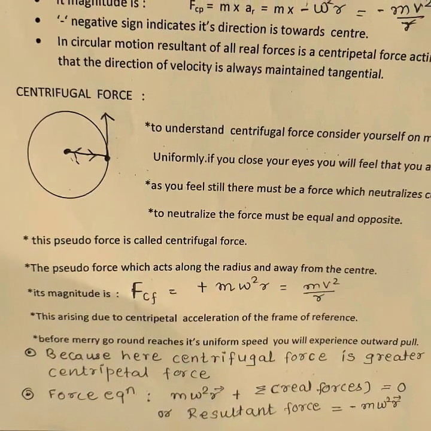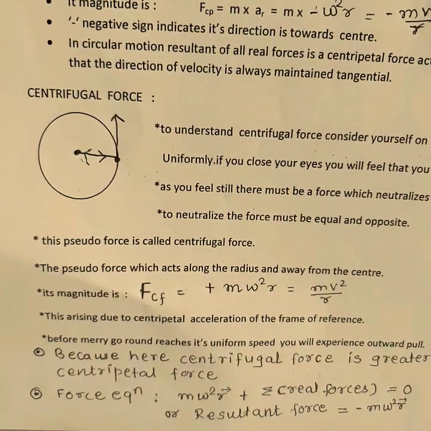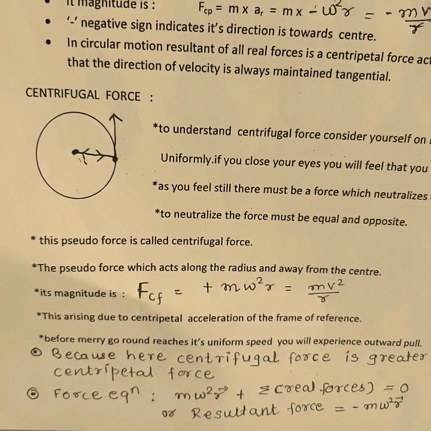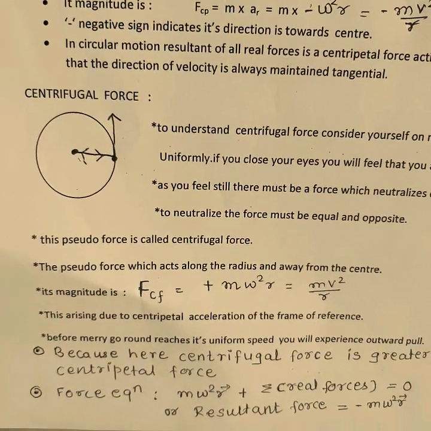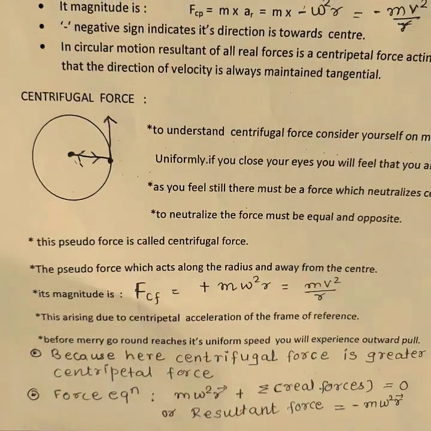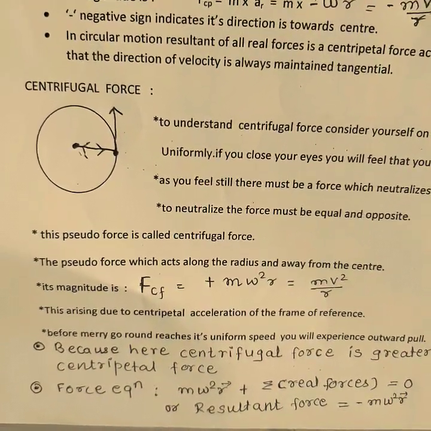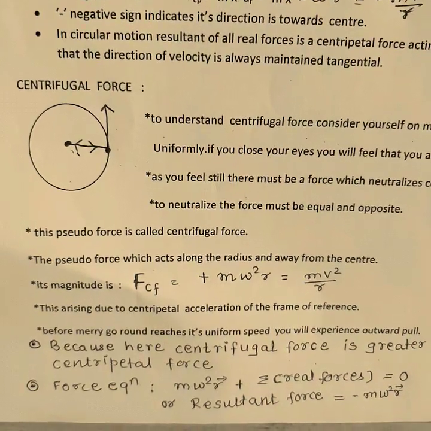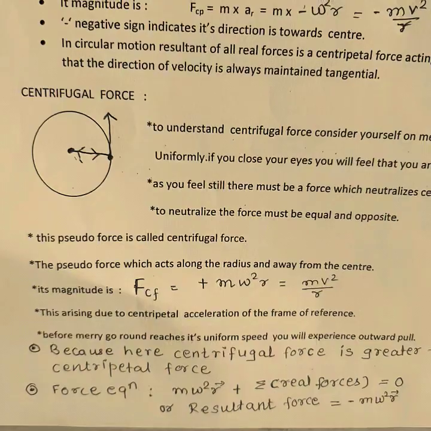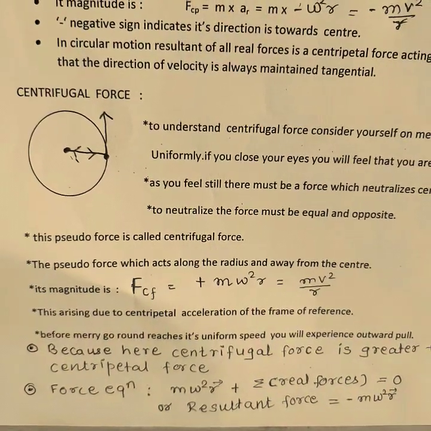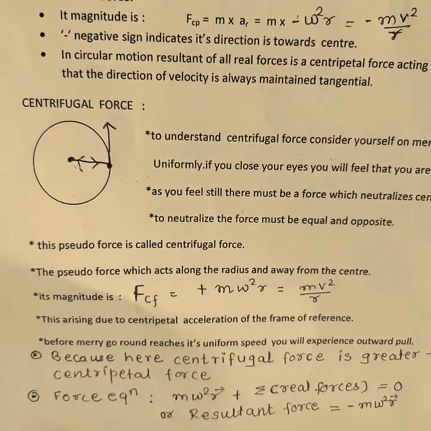Then and only then is circular motion possible. So for circular motion, the sum of centrifugal force and centripetal force should be equal to 0, or there must be only a centripetal force acting. Then only circular motion is possible.